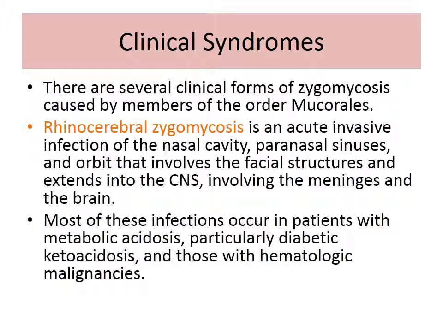A typical clinical picture that we get, and a very scary one, is rhinocerebral zygomycosis, which is an acute invasive infection of the nasal cavity, paranasal sinuses, and orbit, involving the facial structure, and that can extend to the CNS.